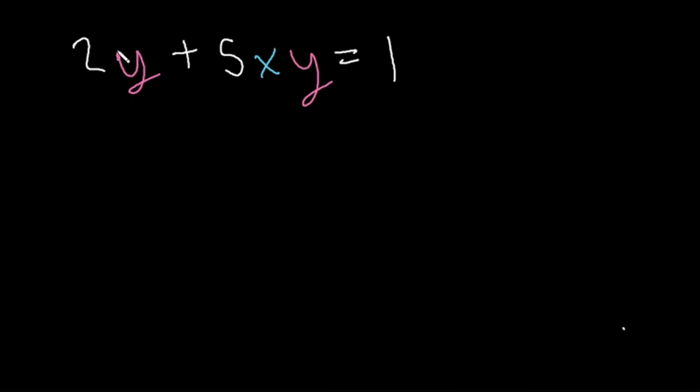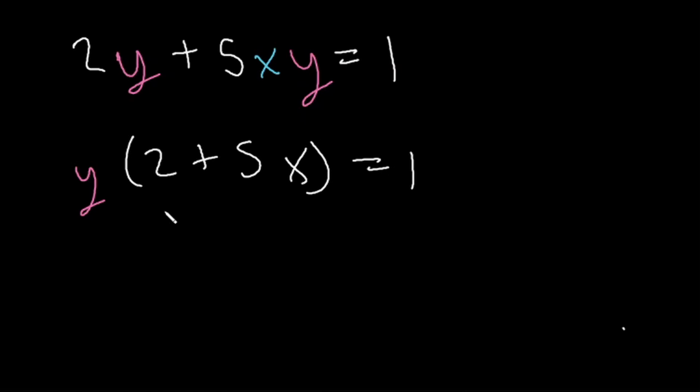So here we have a y in both of our terms over here, and we can actually take that out by factoring. So if we did that and took the y out, we would get y times 2 plus 5x is equal to 1. And we don't have to factor y out on both sides, because this is actually not changing the value of this expression, so we don't need to do it to both sides.